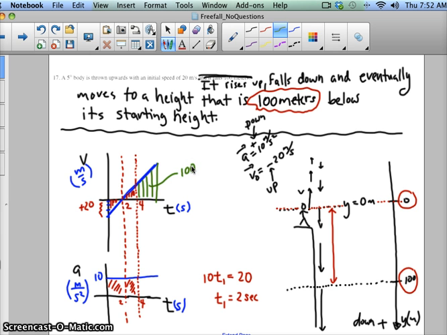And that's the trick with this problem, is realizing that these two red triangles are equal when my object gets back to its original position. And my ending position minus my beginning position is going to be 100 meters. So this area here has to be 100 meters.